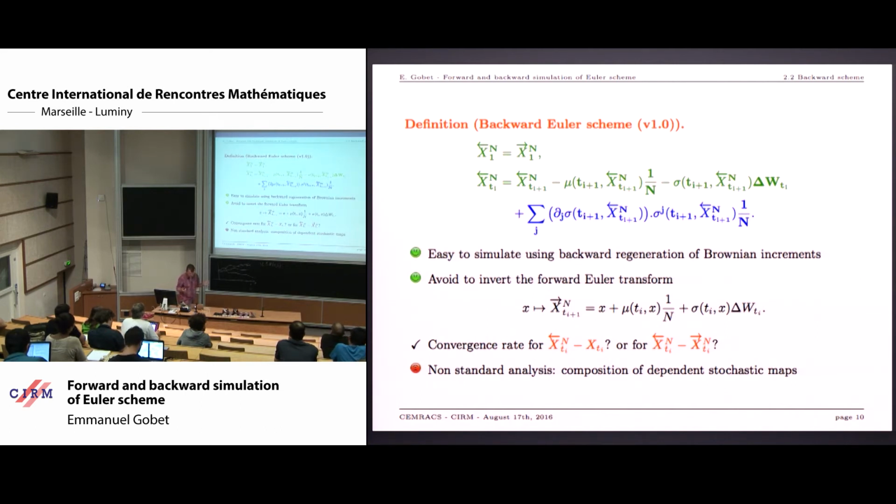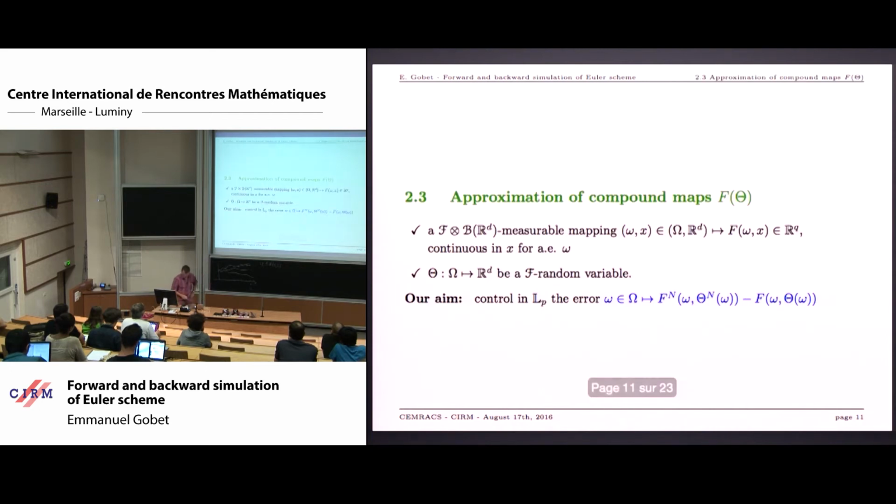So here there is something to develop to be able to analyze this kind of composition of approximations. And so this is the result we have.